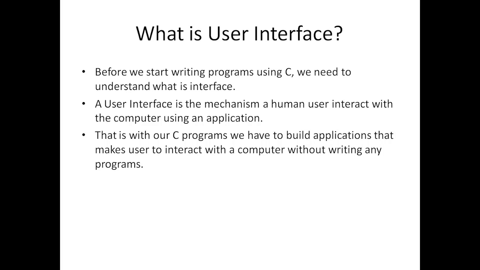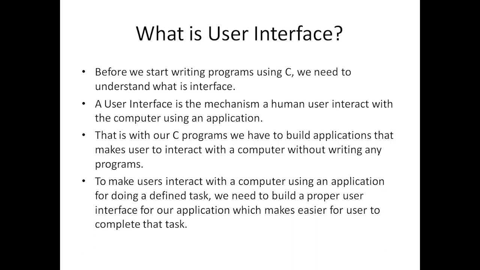That is, with our C programs, we have to build applications that let the user interact with a computer without writing any programs. To make users interact with a computer using an application for doing a defined task, we need to build a proper user interface for our application, which makes it easier for the user to complete the task.